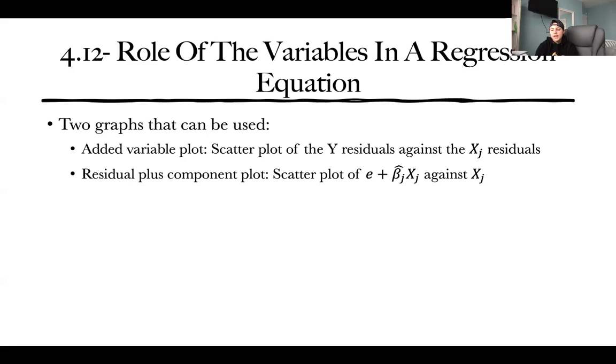And our b sub j hat is the coefficient of x sub j in the regression. This is more sensitive in detecting nonlinearity in the variable that you are looking to add. So both of these are good scatter plots to use to determine if a variable you are trying to add to your data set is in fact going to be influential or not.